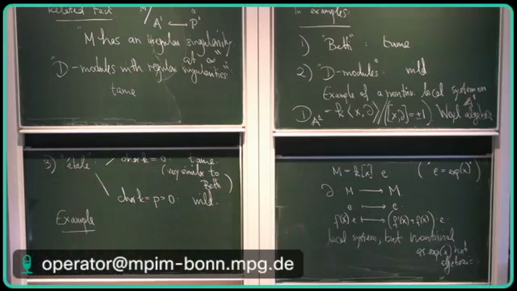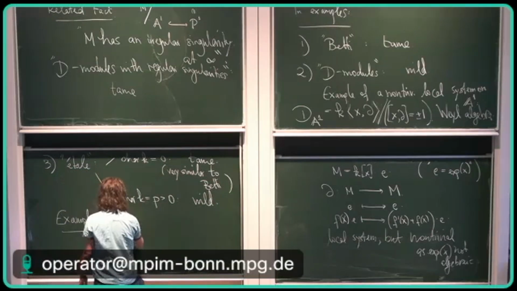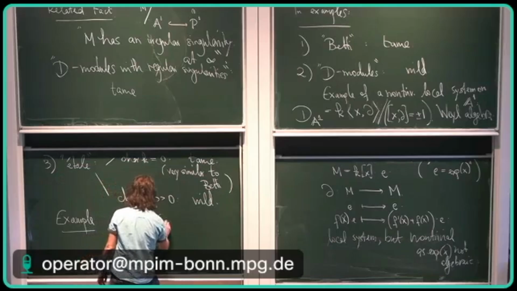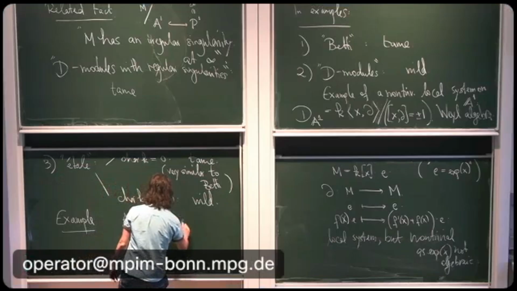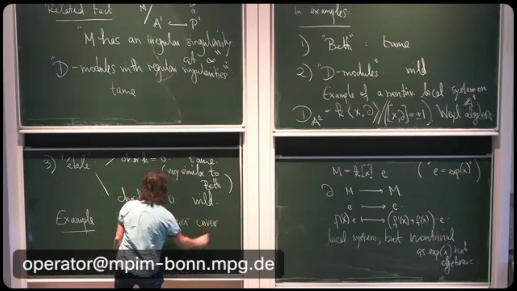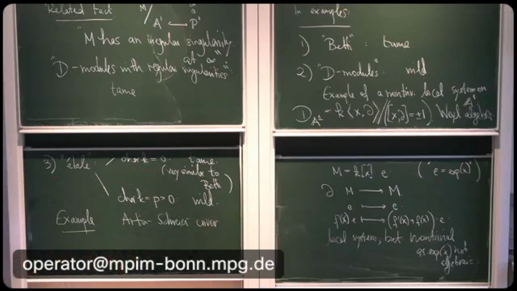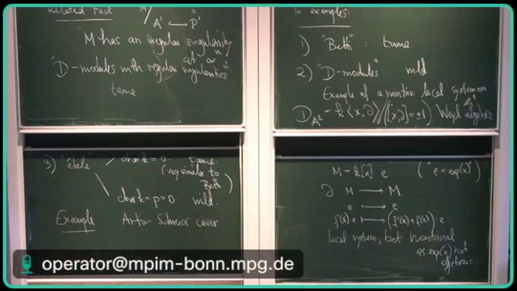In this case, the example comes from the Artin-Schreier cover. So in characteristic p, there's a non-trivial etale cover of A1. So A1 is somehow not simply connected in the etale setting in characteristic p.